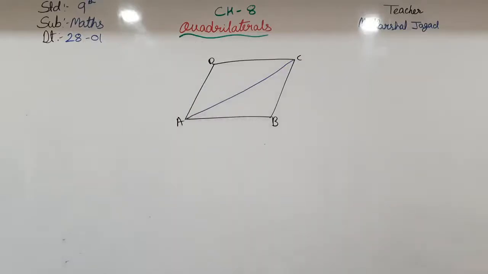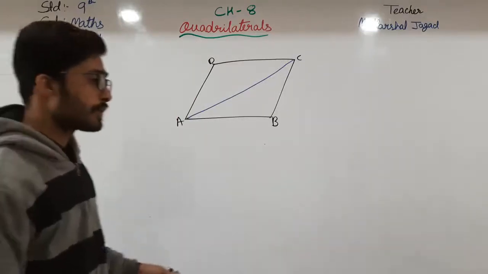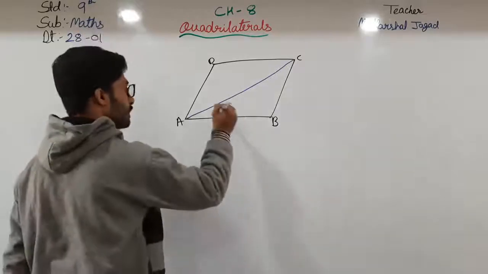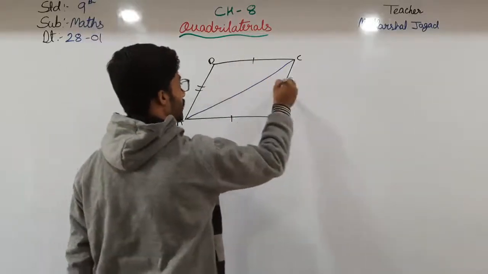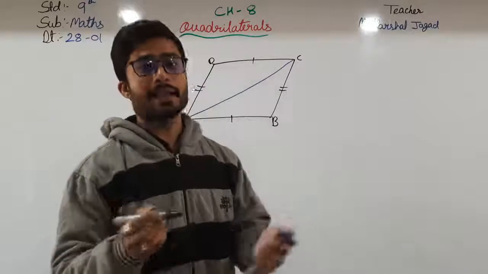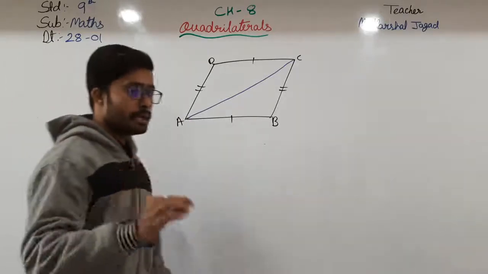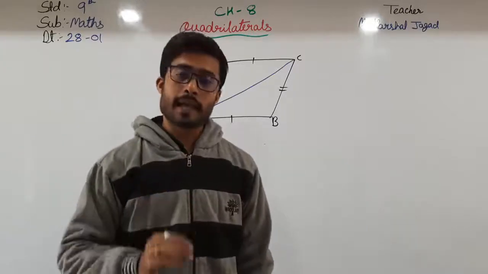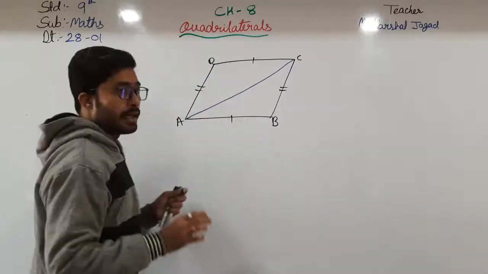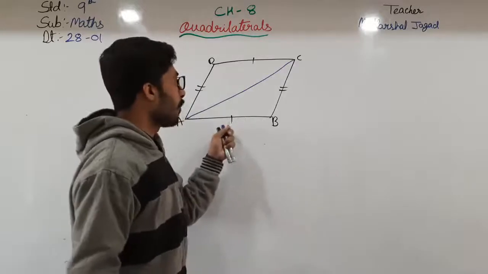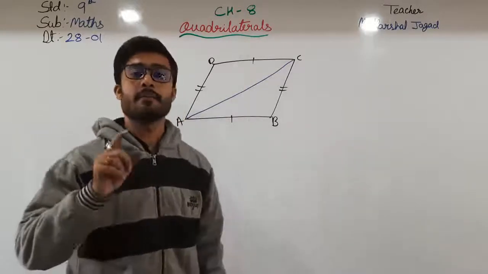Second theorem, that is, in a parallelogram opposite sides are equal, means this and this are equal. And in the next theorem, theorem number 8.3, we have seen if each pair of opposite sides of a quadrilateral is the same, then it is a parallelogram.